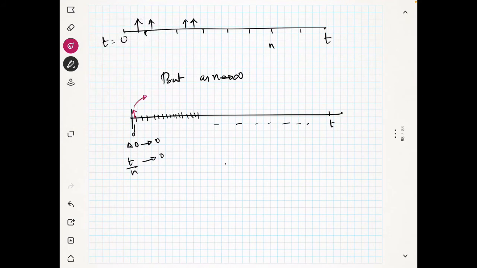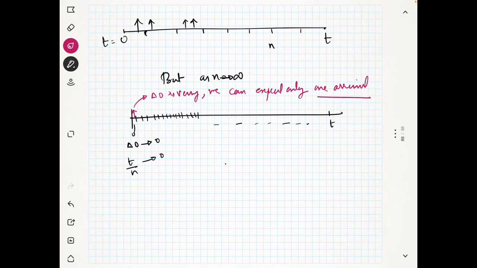As the block duration delta d tends to 0, it is very, very small, so we can expect only one arrival.